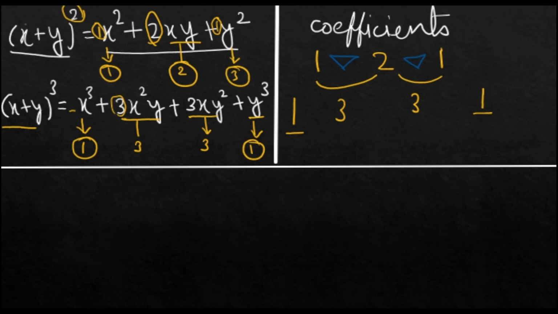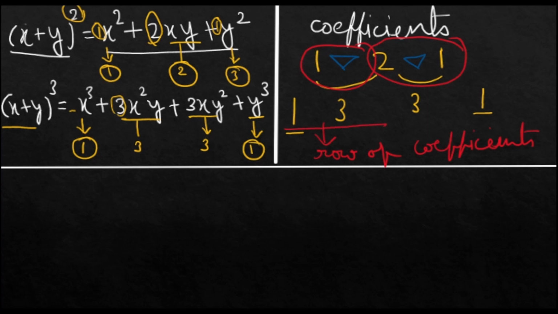Hence, by adding these coefficients together, we get the next row of coefficients for the next index. In this case, this is the row of coefficients for the index 3.